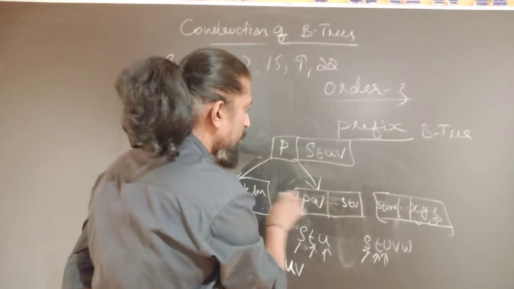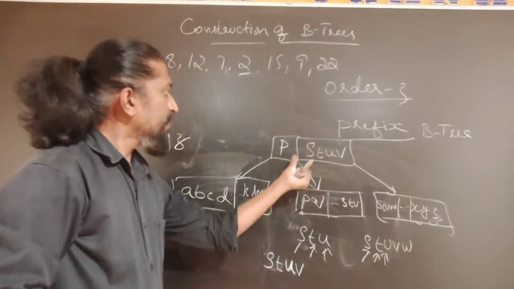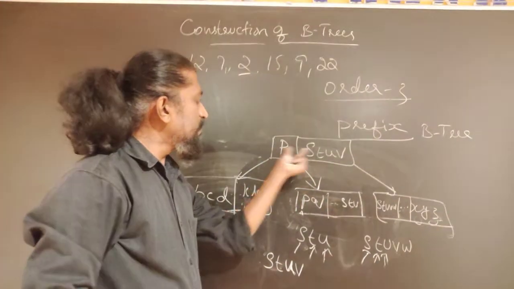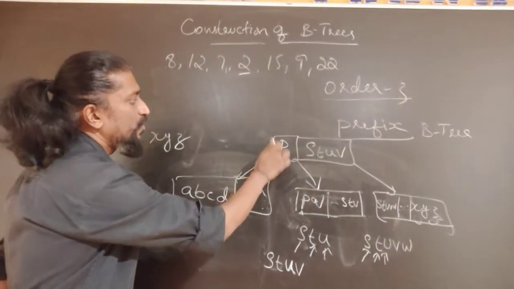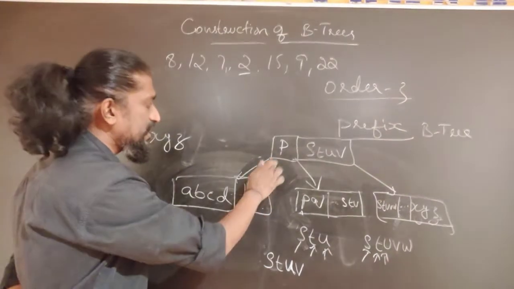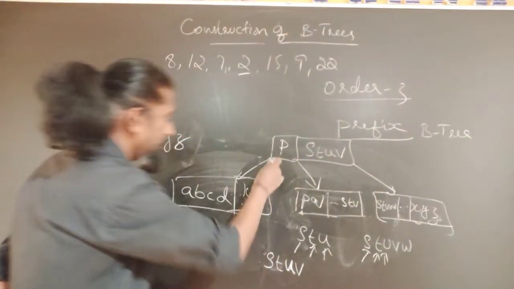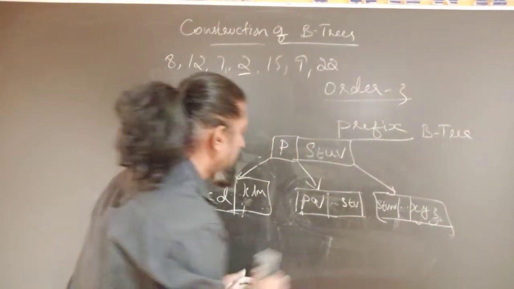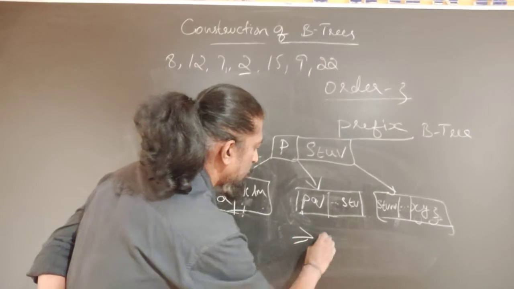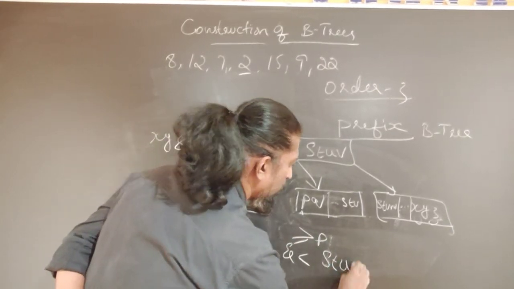Now this will become a subtree in between P and STUV. All the keys whose value is less than P will be present here, and this one will be greater than or equal to P and less than STUV.